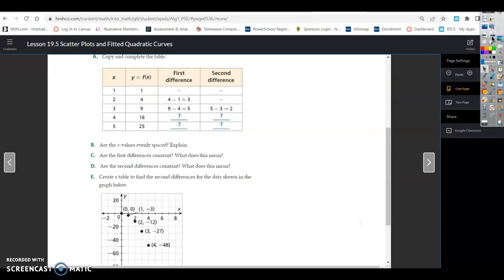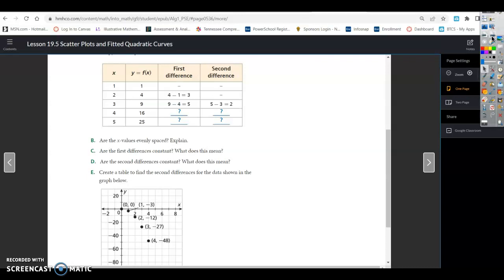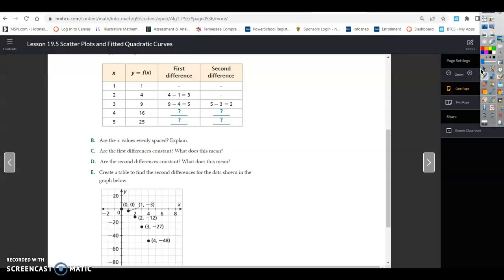Let's answer the questions associated with this. My numbers disappeared here, so let's put 7, 9, 2, and 2. It says, are the x values evenly spaced? We go from 1, 2, 3, 4, 5. So we can say yes, these are evenly spaced by a value of 1.